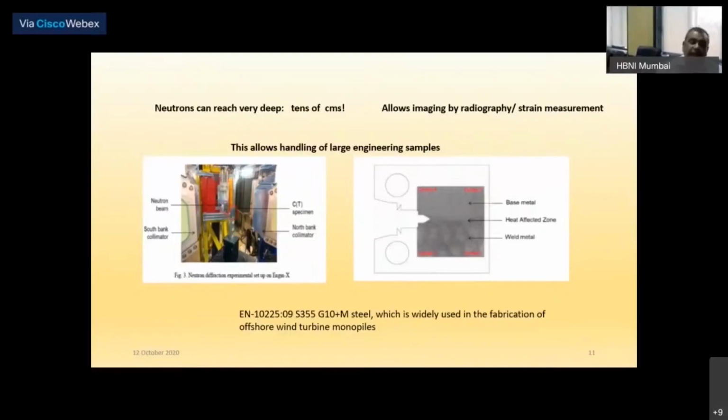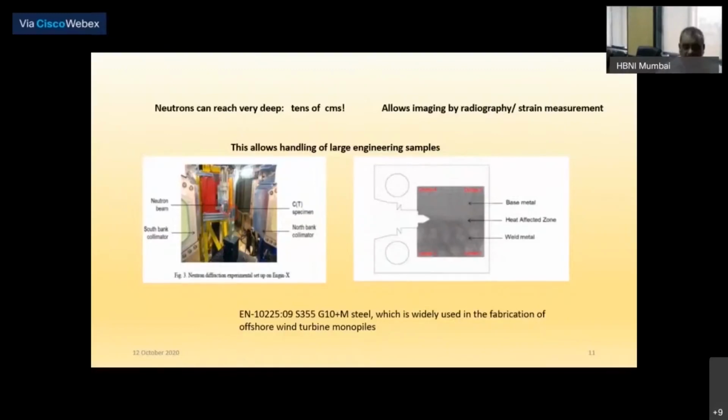Like in this case, these are turbine blades for some offshore wind power units, which is EN 10225 S355 steel, which is widely used in fabrication of offshore wind turbine monopiles.